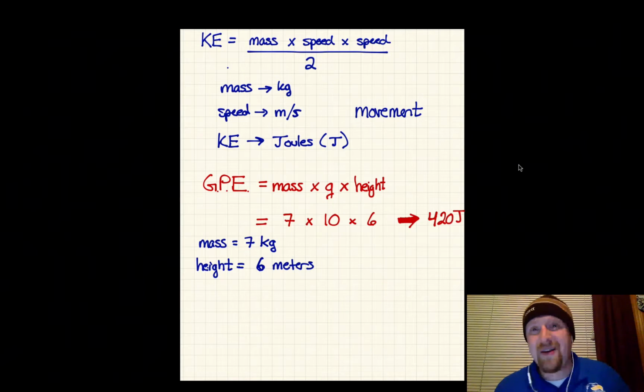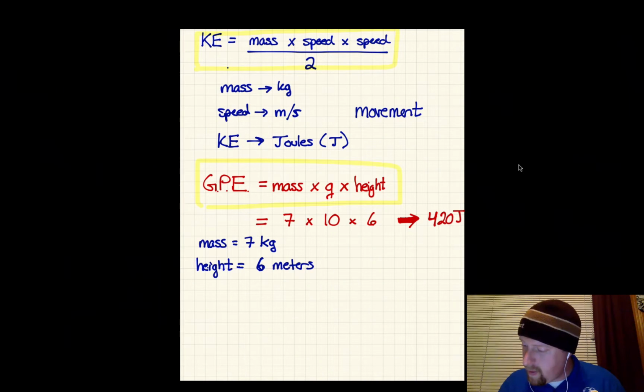The primary difference between kinetic energy and gravitational potential energy is that one is looking at movement and one is looking at height. We see this in the math. If we look at these two equations, they both have mass, but one has speed and one has height.